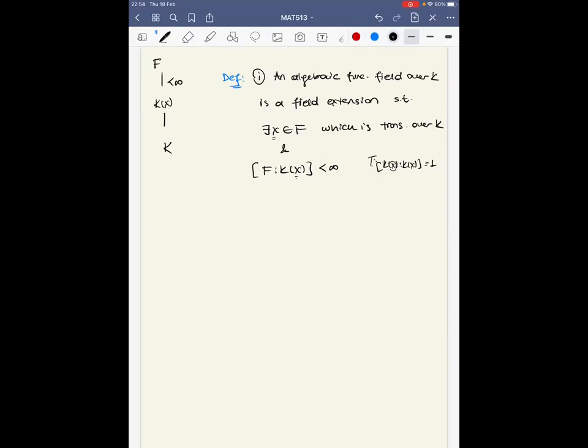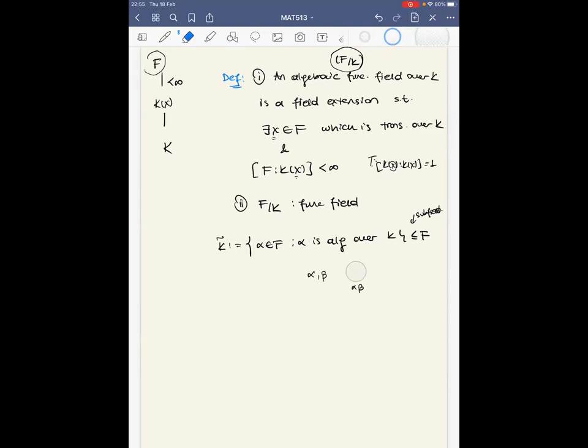And for an algebraic function field, we will often use the notation F over K. The algebraic elements in F over K form a subfield of F, because the sums, products, and inverses of algebraic elements are also algebraic.